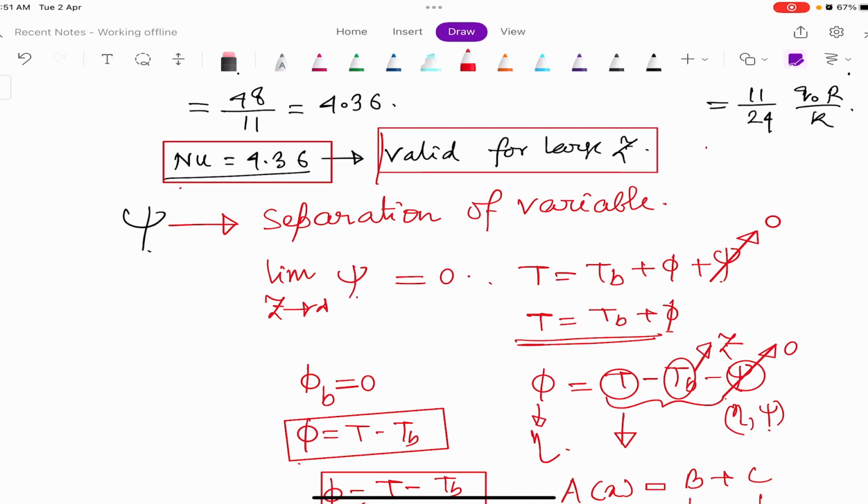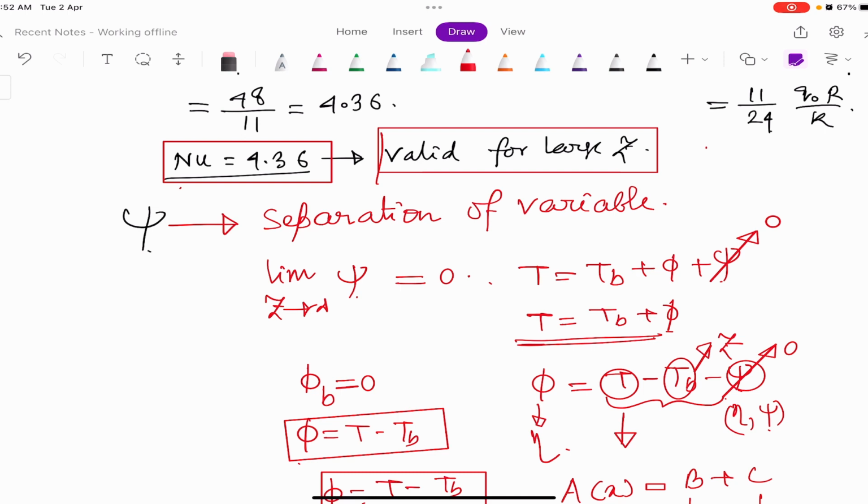Mathematics does not know whether it is the problem of thermally developing flow or a forced convection flow. So mathematics will remain the same. So it is actually illogical to say that I knew the solution for psi, but I don't know the solution of the thermally developing flow, or vice versa.